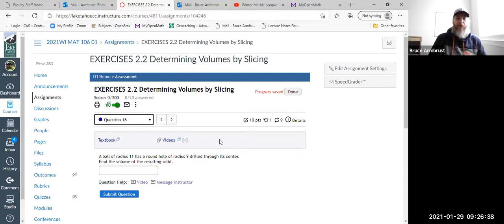So let's draw a picture of it first, and then we'll see what we can do here. Actually, give me 1 second. I want to write down these numbers. So radius 9 out of a radius 11. Okay.